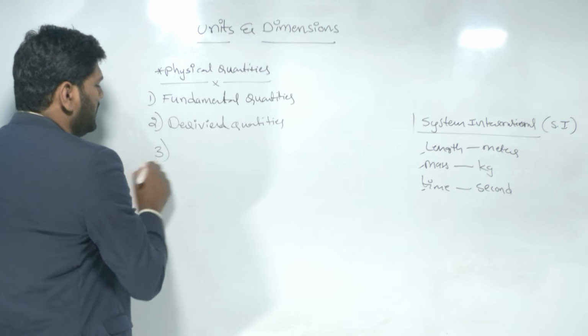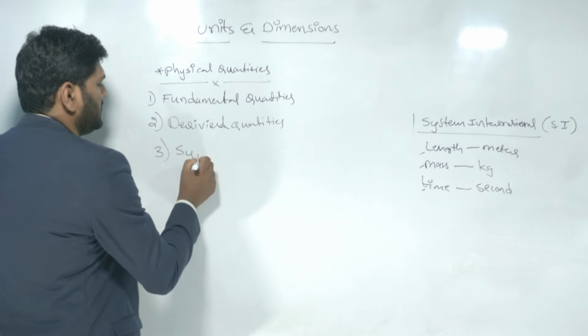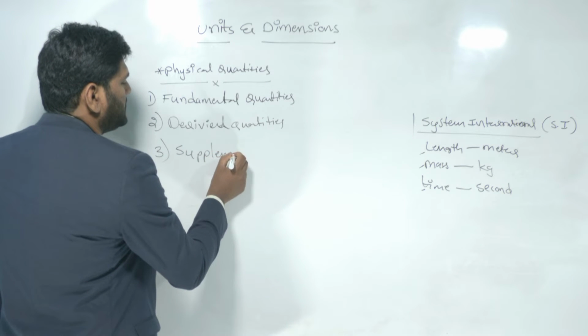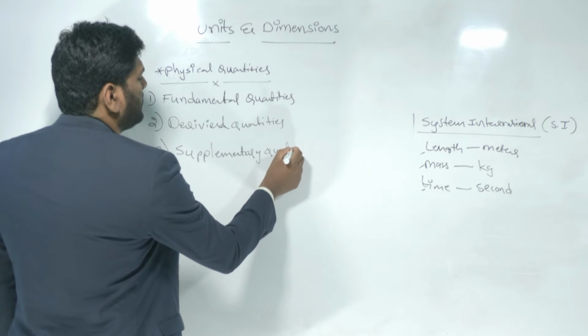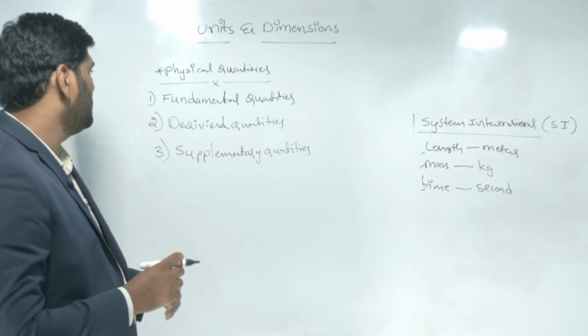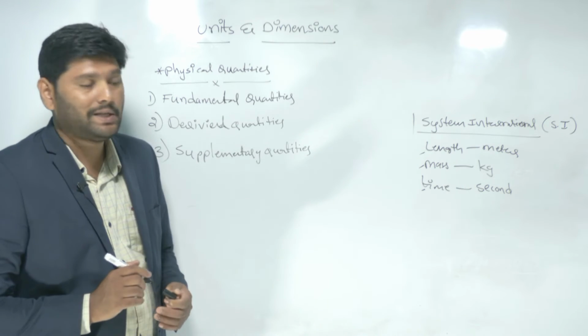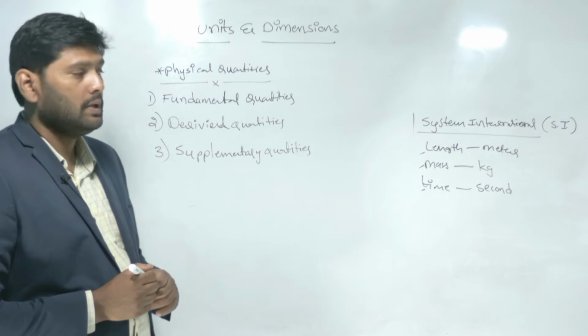And the third one is supplementary quantities. So this is the way we have three types: fundamental quantities, derived quantities, and supplementary quantities.